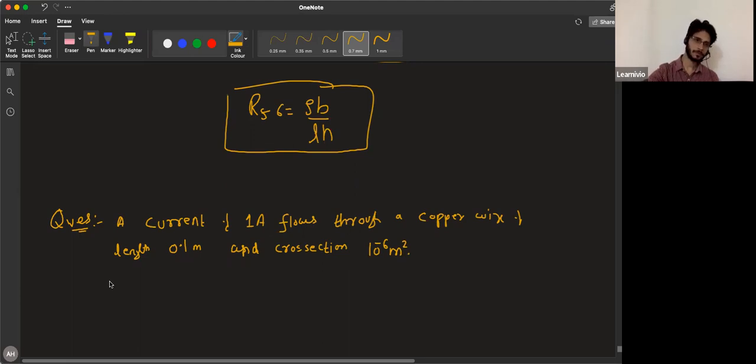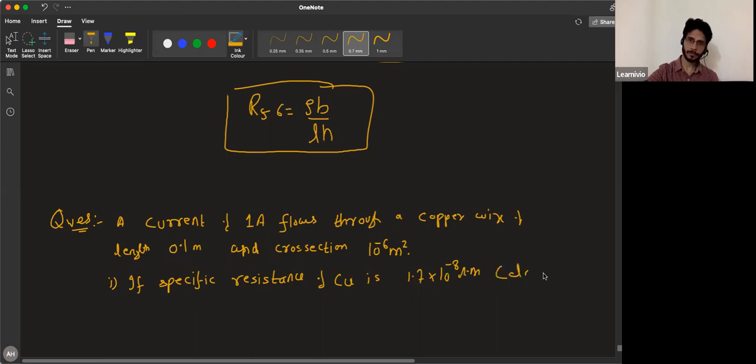Specific resistance of copper is 1.7 into 10 raised to the power minus 8 ohm meter.